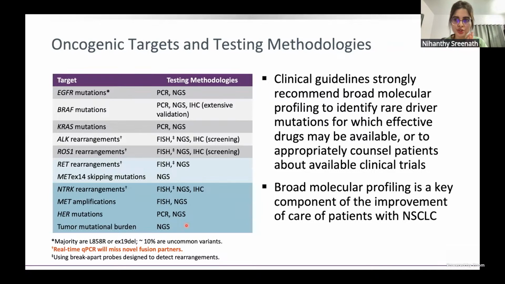But if the patient cannot afford it, upfront get basic testing like EGFR, ALK, ROS, at least these three. If the patient can still afford it, you can add RET, MET, NTRK and others also. So this is a broad overview of molecular profiling.